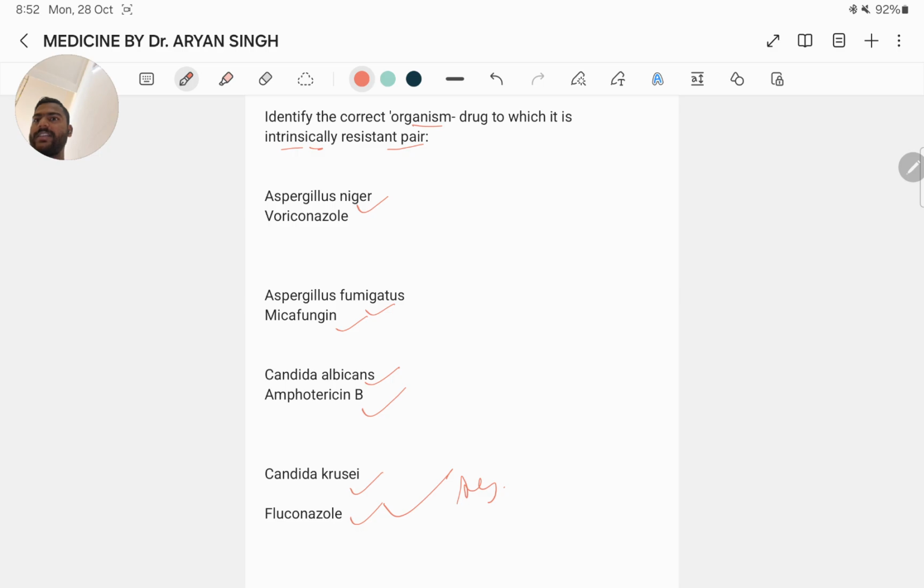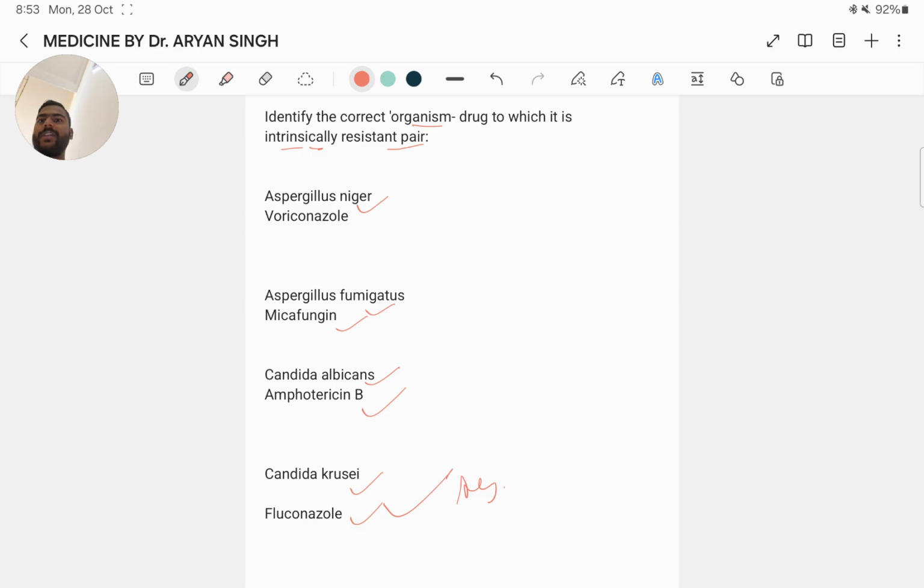The primary or intrinsic resistance of Candida krusei to azoles like fluconazole and itraconazole is mediated through reduced susceptibility of the target enzyme to inhibition by this drug. However, improved susceptibility is seen with newer generation agents such as voriconazole.